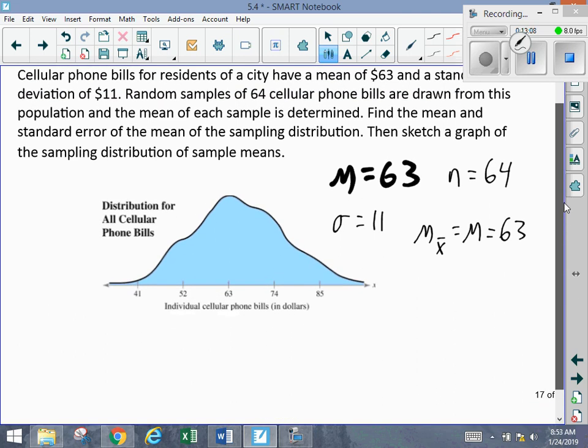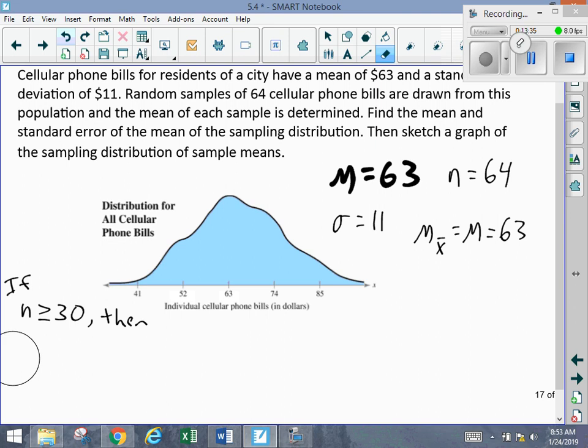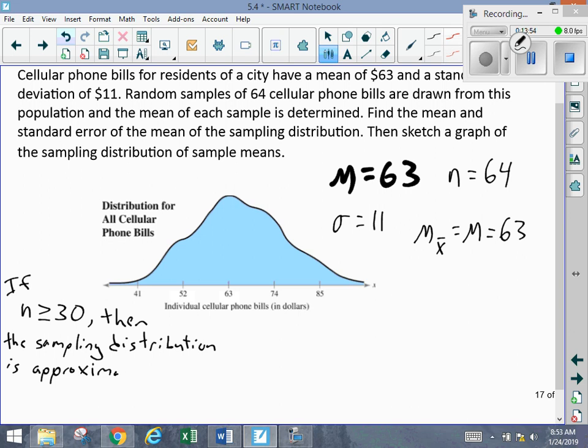We also know that if our sample size is greater than or equal to 30, then the sampling distribution of the sample means is approximately normal.